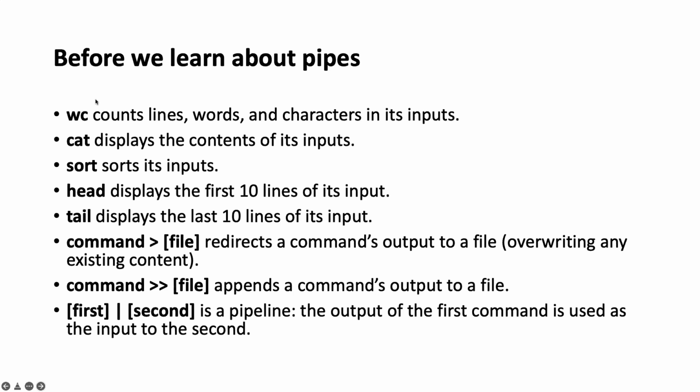Before we can learn about this, we will talk about a few commands. WC counts lines, words, and characters. We'll introduce the cut command that displays contents of the input. We will try to sort or filter our inputs however we like, and then view them using head to display the first 10 lines, and tail to display the last lines of your input.